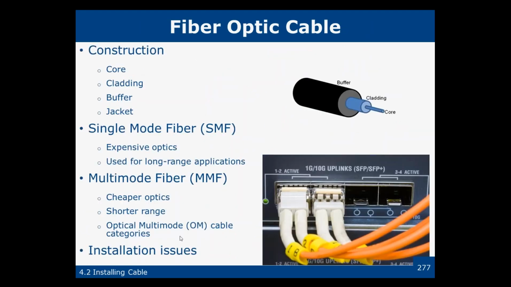The fiber optic cable itself, and a lot of times they ask these questions, we have a core, and the core is actually where the fiber is. Around the core is cladding, and the cladding helps keep the light in, and then a buffer around it, and the buffer is going to be some sort of a plastic cover, and then we cover it.